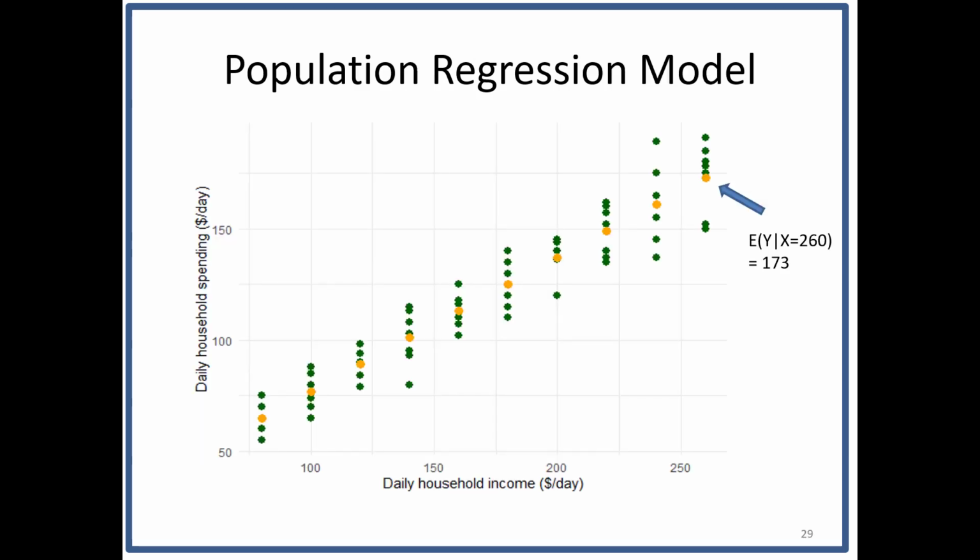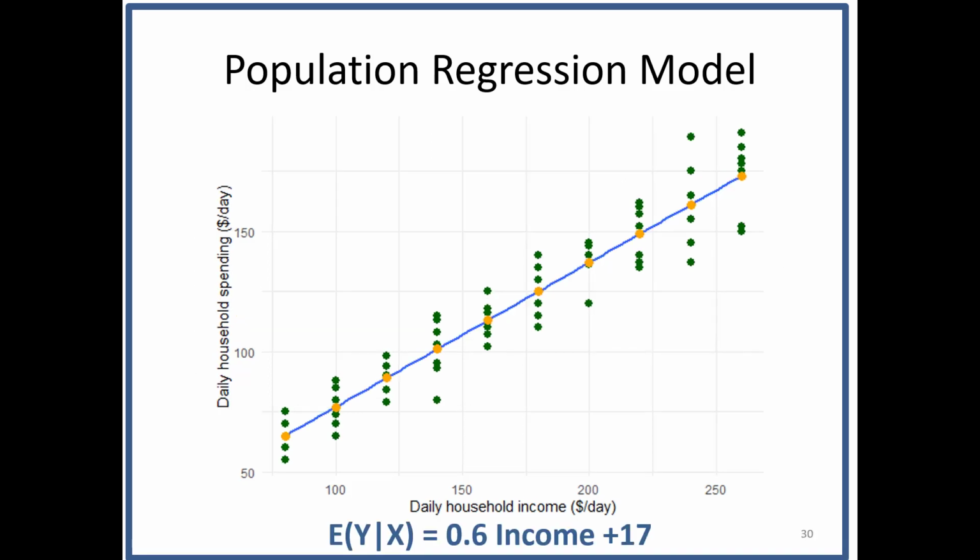So here are those conditional means that were calculated on that list of observations, or on that page that listed all the data. You see them in yellow, and those are the conditional means conditioned on the values of x. And our population line goes through those conditional means.